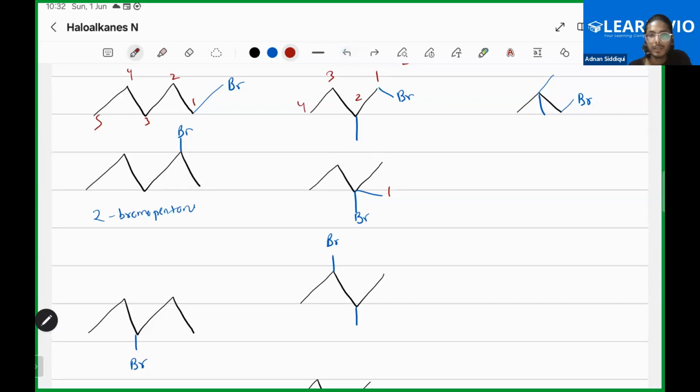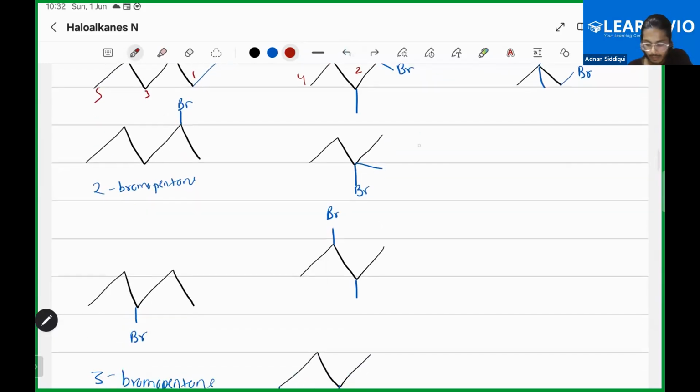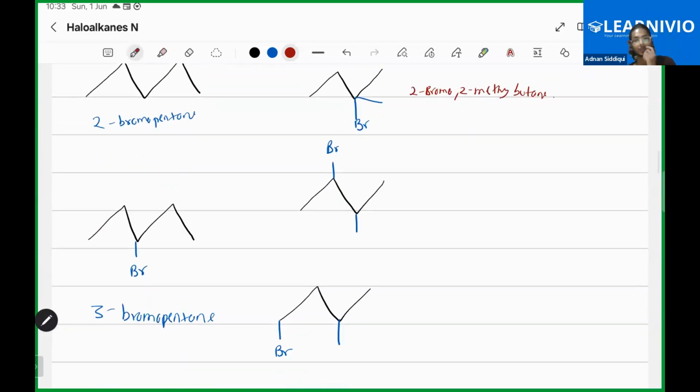The outcome is going to be the same. 2-bromo-2-methyl. What about this one? Bromo 3 methyl butane. Good.